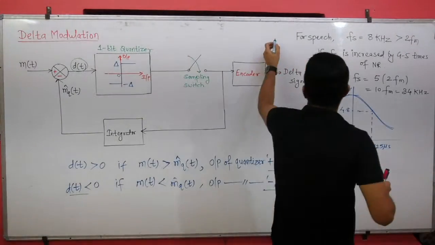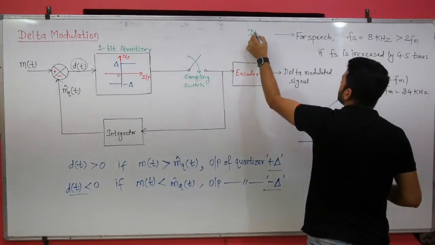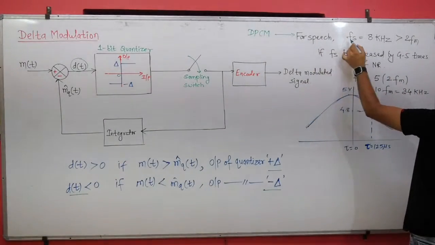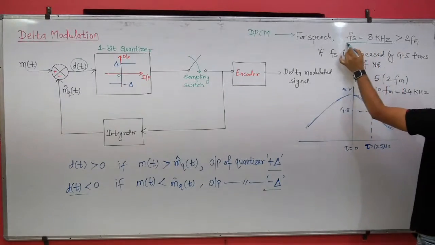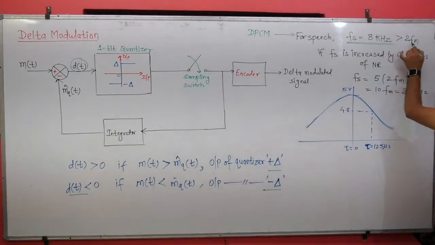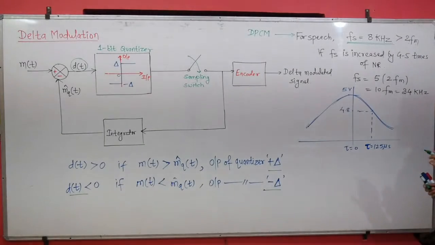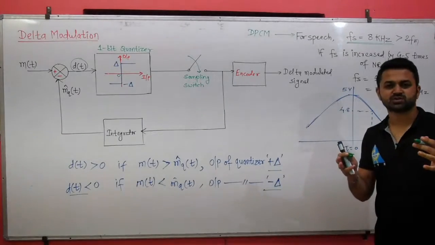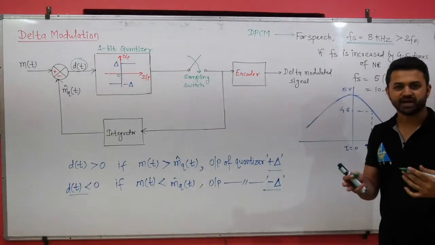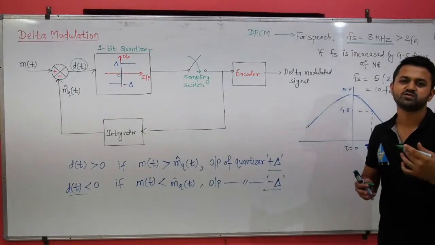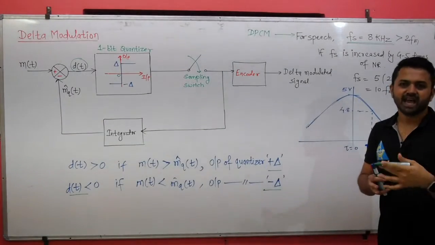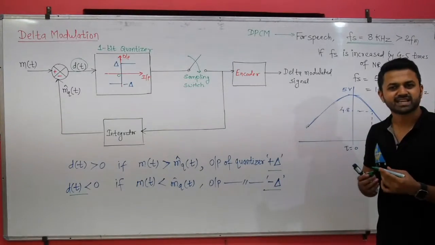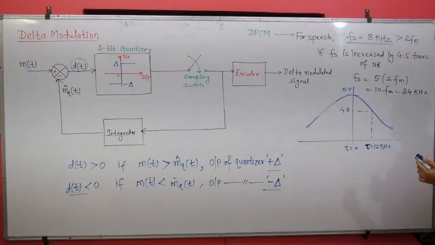Okay. This is for DPCM. For DPCM, for speech signal, we selected the sampling frequency 8 kilohertz, which was greater than 2 fm. Then it was working very well. Differential pulse code modulation was very nice compared to pulse code modulation, because it reduces the step size, hence reduces the quantization noise power, hence improves the signal to quantization noise ratio.